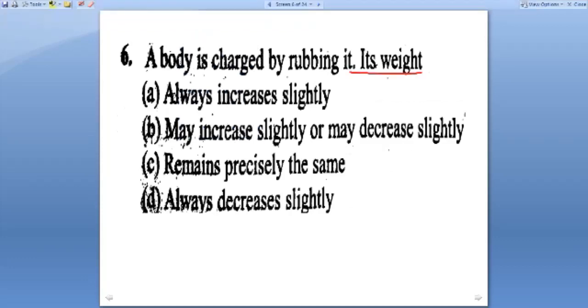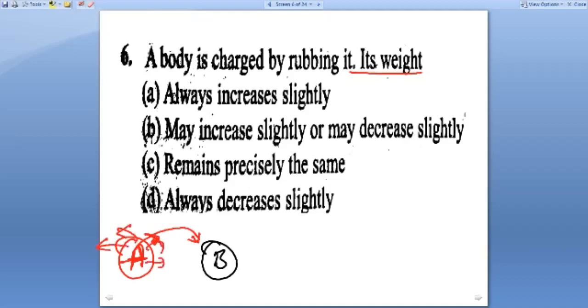I said already in the theory part, when two bodies, for example this is body A and the other one is body B, one body is losing electrons and the other body is gaining electrons.